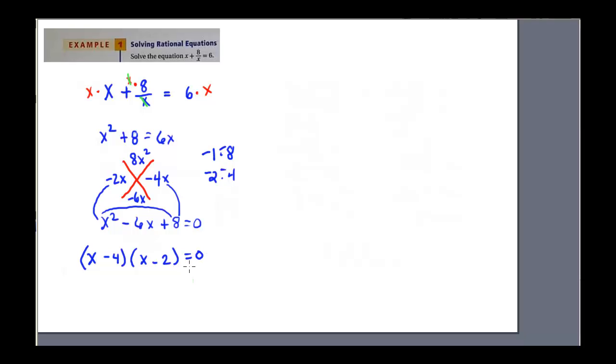Now, the only way that this can equal 0 is if one of these factors is 0. So either x minus 4 has to equal 0 or x minus 2 has to equal 0. I'm going to take the x minus 4, set it equal to 0.